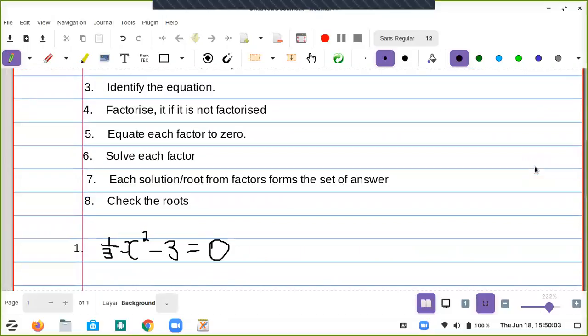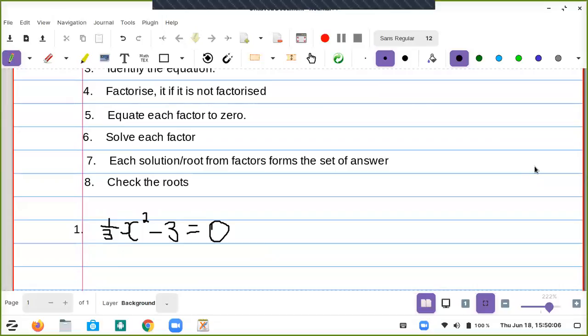Number 6 says solve each factor. So after equating each factor to 0, we then have to solve each factor, which means we're going to find the value that makes each factor equal to 0. What is that value? So we have to solve each factor.